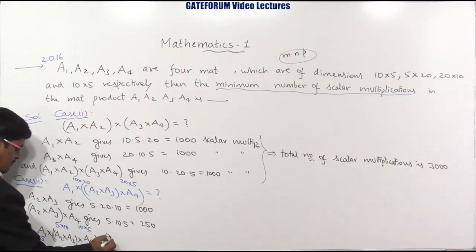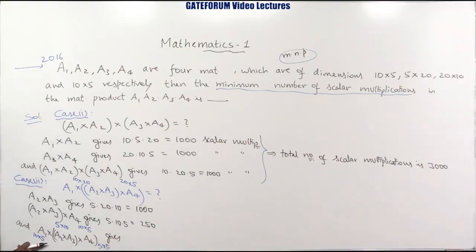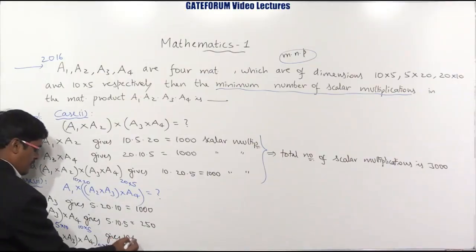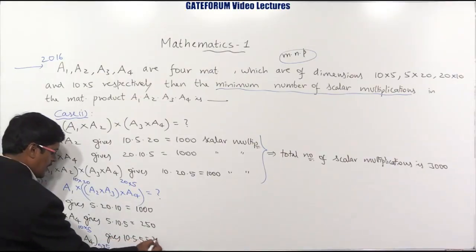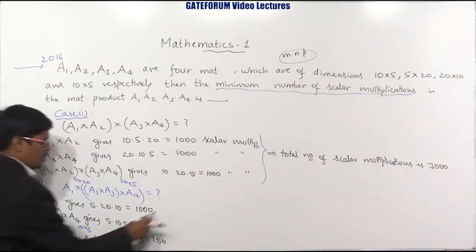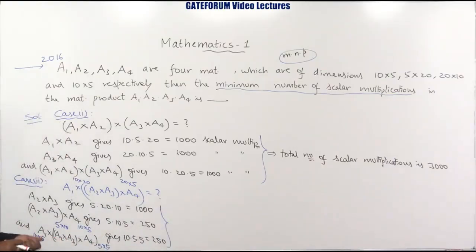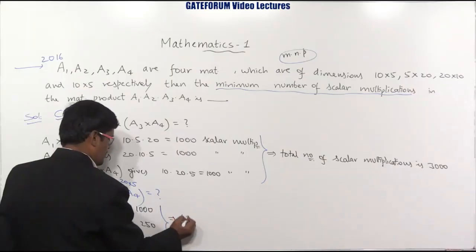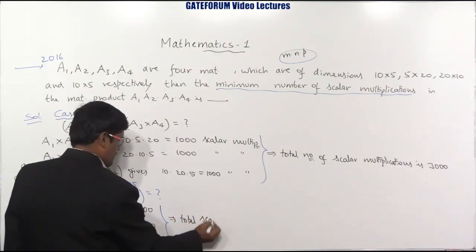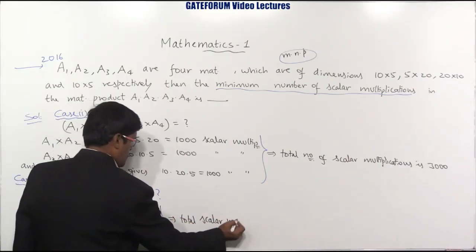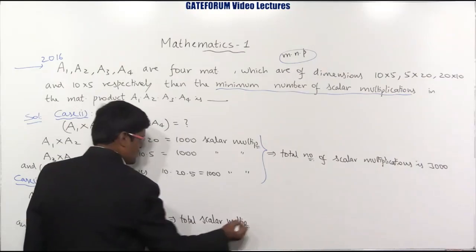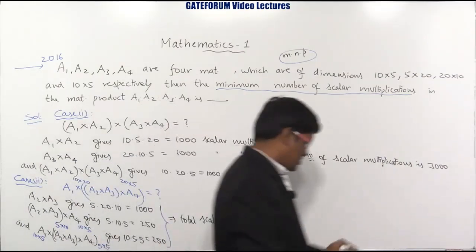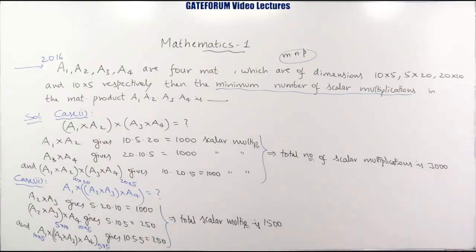It looks like M into N, N into P: 10 into 5 into 5, which is again 250. So altogether, the sum of these 3 steps implies the total scalar multiplications in this case is 1500, which is very much less than case 1.